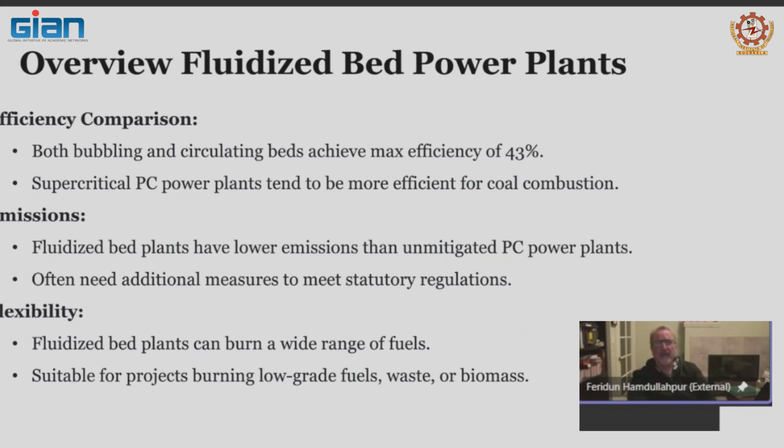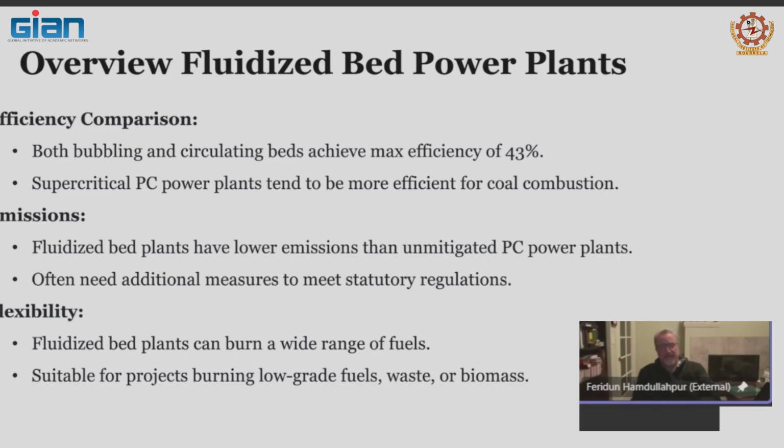Again, we talked about efficiency. In this case, we use a fluidized bed. You have a total overall maximum efficiency of the plant at around 43%, which is better than PCs.